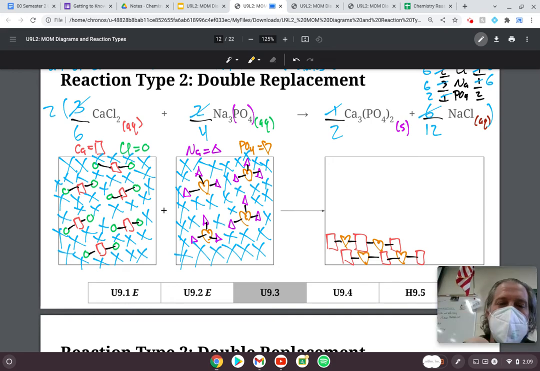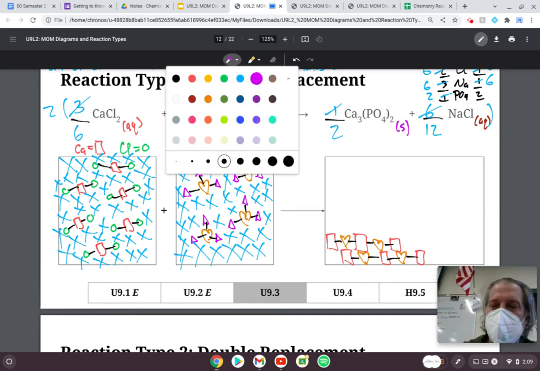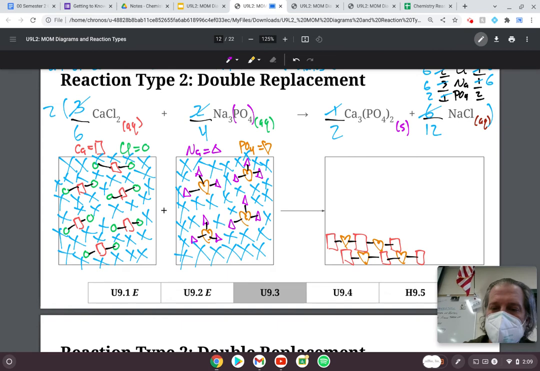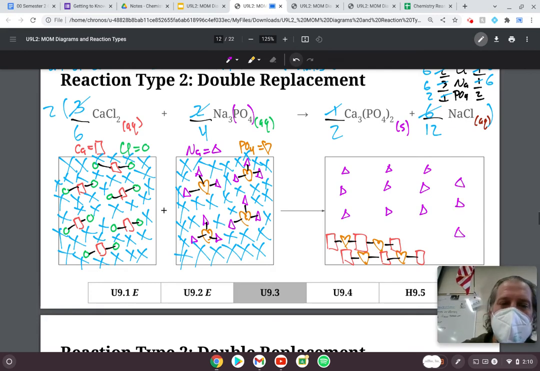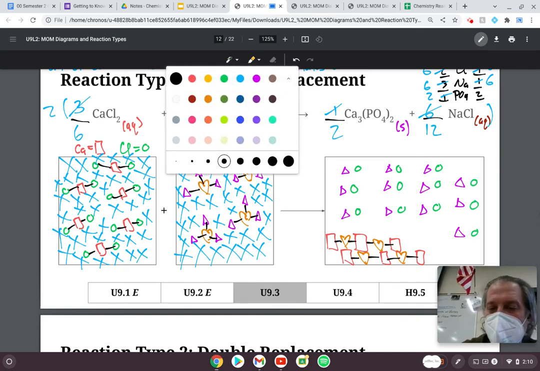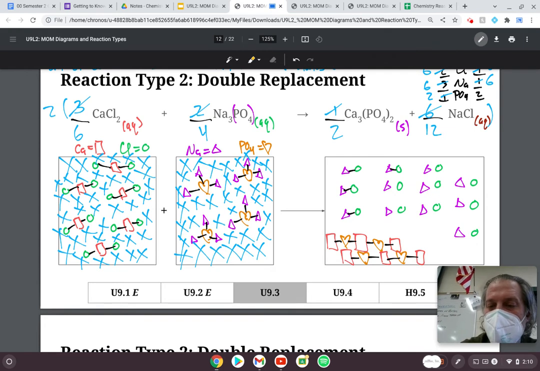So then the last thing we have to do is go back and draw our sodium chloride as an aqueous. So that means I'm going to need to make something like 12 triangle-circle combo platters. Something like that. And then I'm going to come back and add the circles, twelve of them. And then I'm going to bond them together with a line like so.